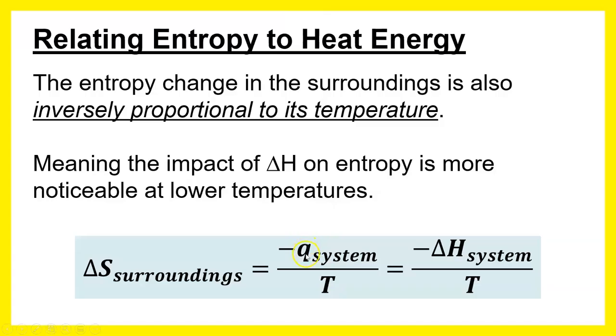Remember, we can say that Q and delta H are the same. So this allows us to say that the change in entropy of the surroundings is equal to negative change in enthalpy of the system over the temperature that it's occurring at.